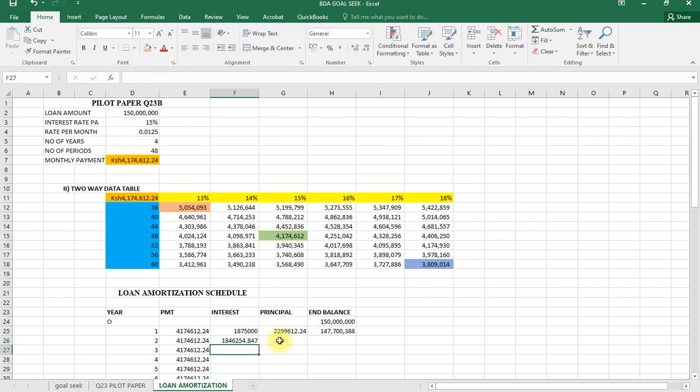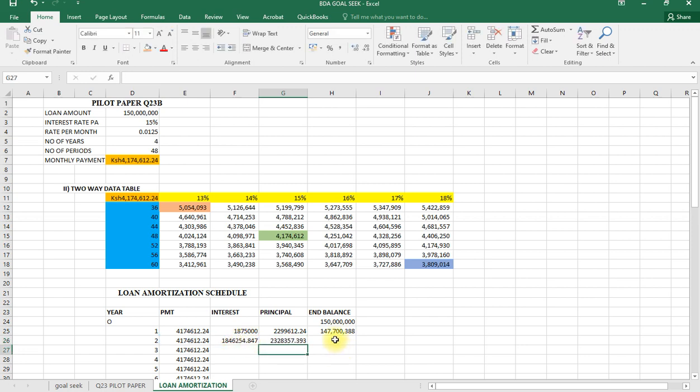To get the principal, it will be this value that we are having here, and we shall lock this again because it's a constant. We minus the interest, and we enter, that way.